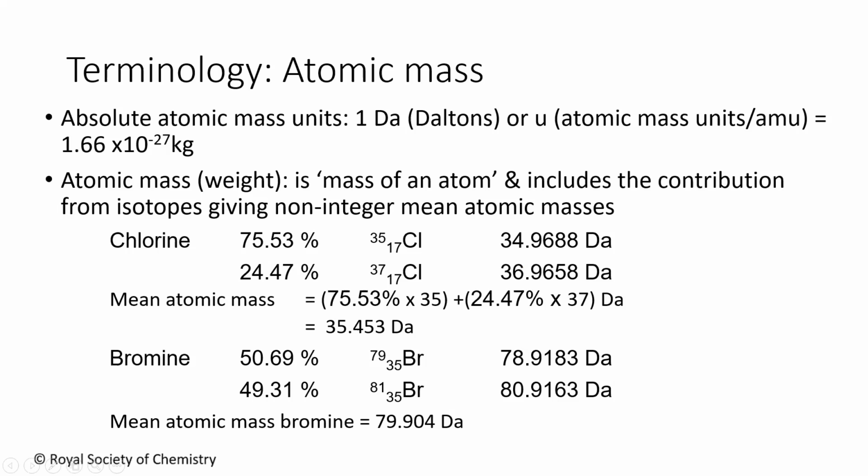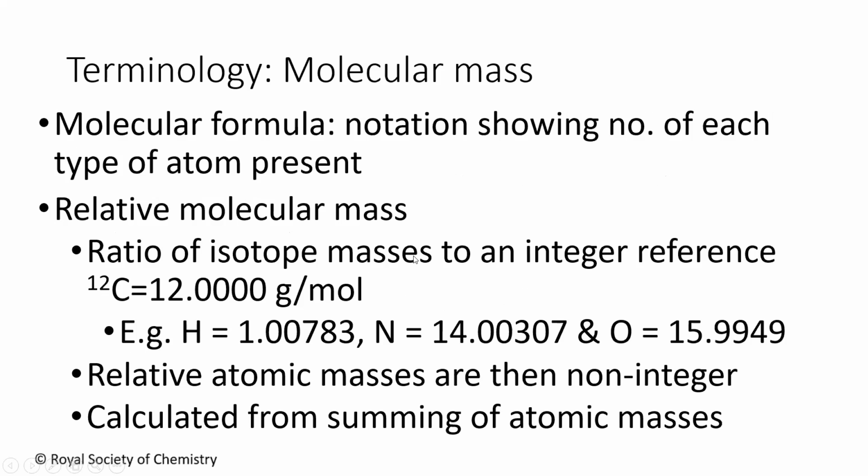So you can see that in nature, the two isotopes of bromine are almost equal in abundance, while for chlorine, chlorine-37 is about a third of chlorine-35.